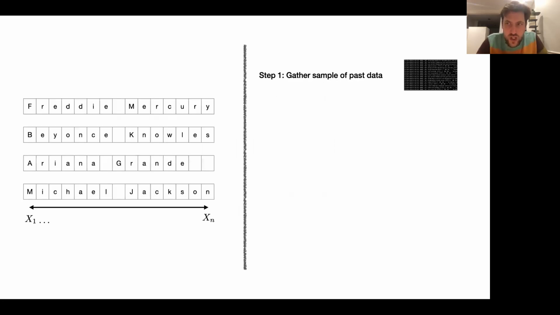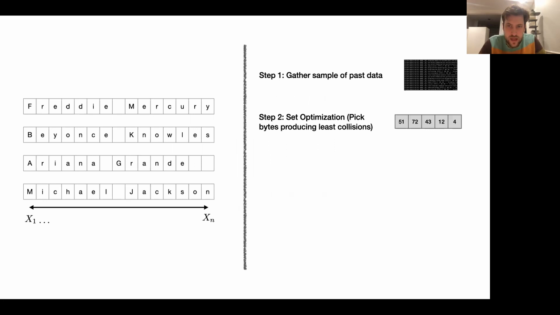To do this, we're generally going to have 4 steps. The first is just gathering some sample of past data. The second step is a set optimization procedure, which is going to pick the bytes which produce the least collisions from sampling on our training set. Step 3 then uses a separate validation set to estimate how this randomness applies to new data.